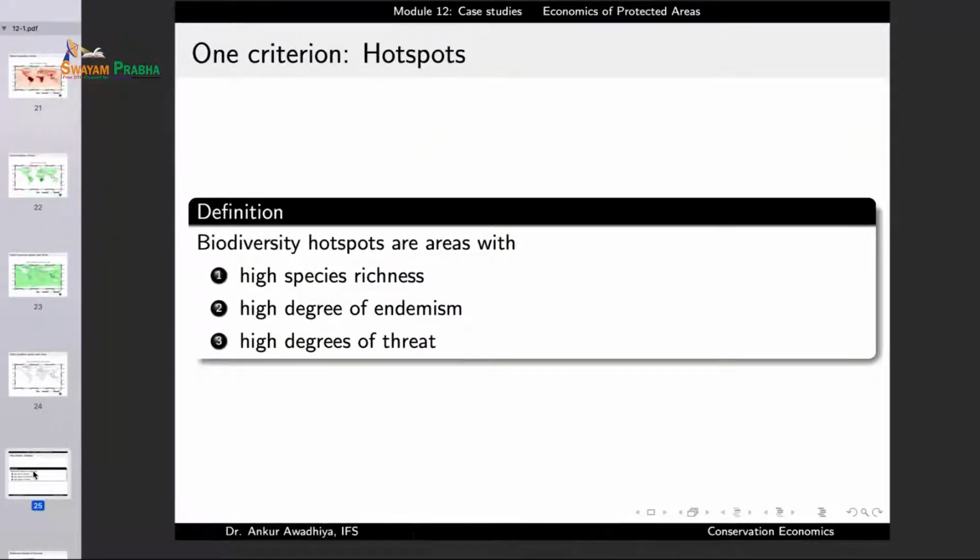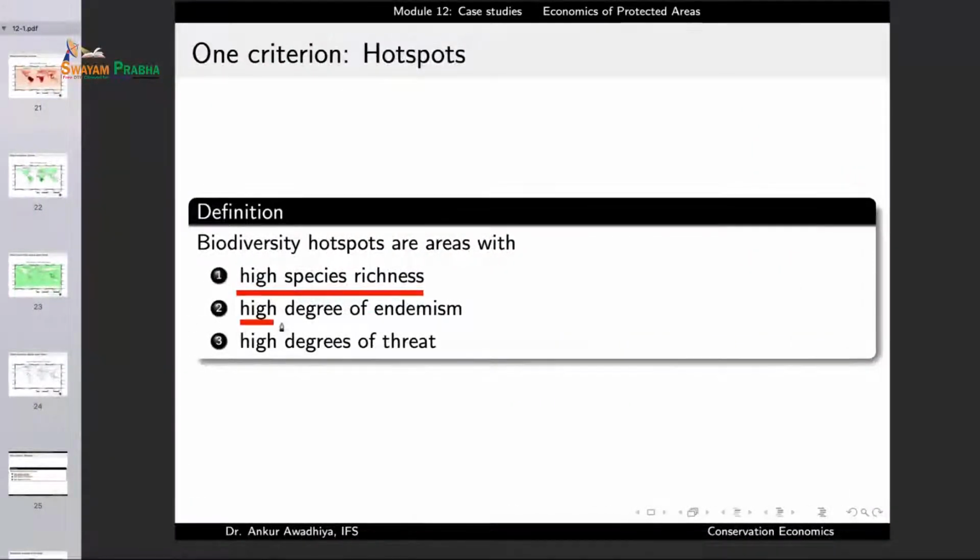So what we do is that we look for those areas that have high species richness, which means these areas have a large number of organisms, and if you create a protected area in one of these locations, then you will be able to afford protection to a very large number of species.